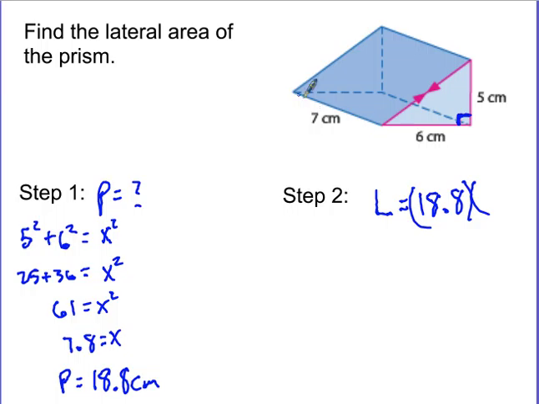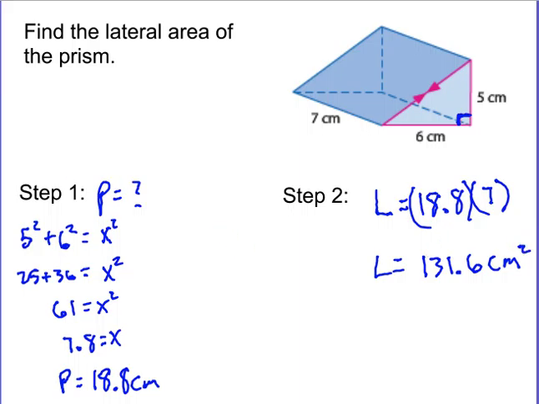It's this distance right here, the distance between the two triangular ends. So 18.8 times 7, so lateral area equals 131.6 centimeters, and we're still talking about a squared measurement because we're talking about area.